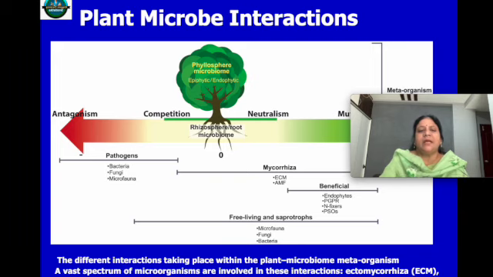This is a very, very important slide. Everyone must understand what is happening in the rhizosphere of a plant. That is very important, because with a plant we are seeing only the appearance, the shoots, the flowers, the fruits, the above ground parts. But what is happening in the rhizosphere, the root zone?